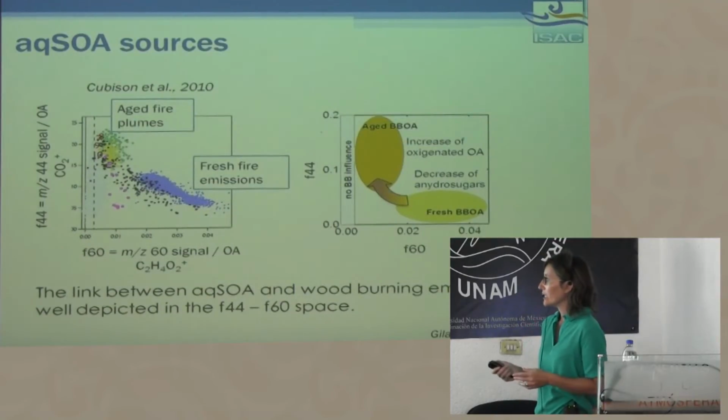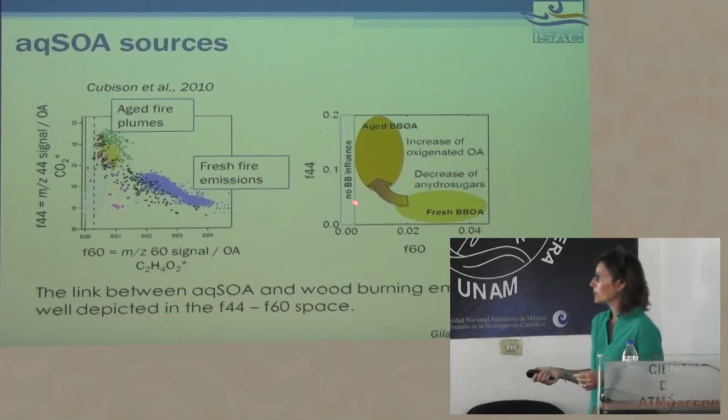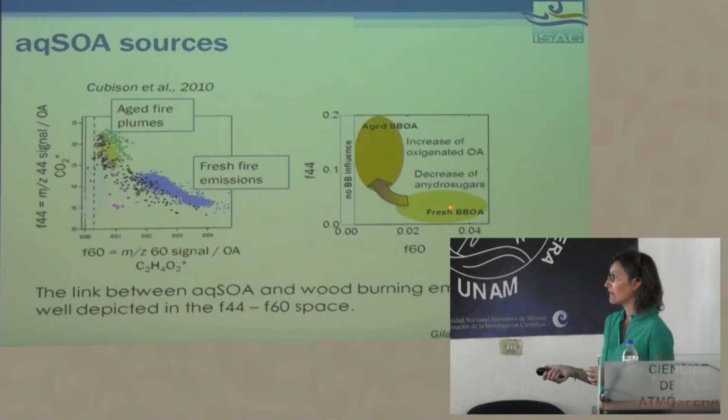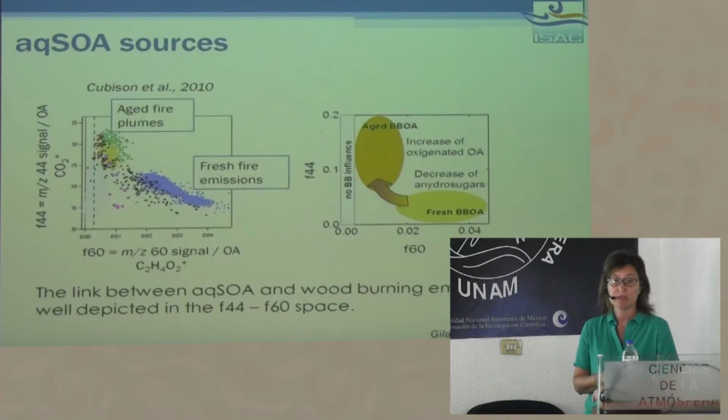So what we expect to see is that fresh biomass burning follows this region of the graph with high F60 and very low F44, because it's fresh aerosol. But then, when the biomass burning organic aerosol ages in the atmosphere, we expect that the levoglucosan, for example, is oxidized, and so the F60 is supposed to decrease.